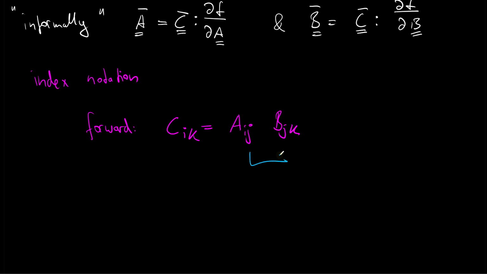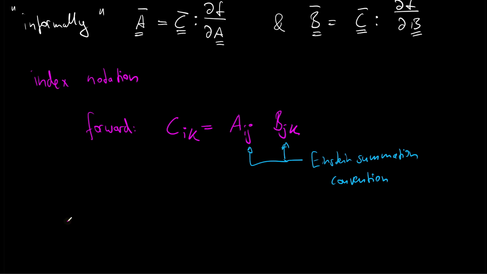So if there is an index that appears twice, so in that case the j, we will sum over that. So that is the Einstein summation convention, and in a sense this is what our matrix-matrix multiplication is doing. It takes the innermost dimensions and contracts them.